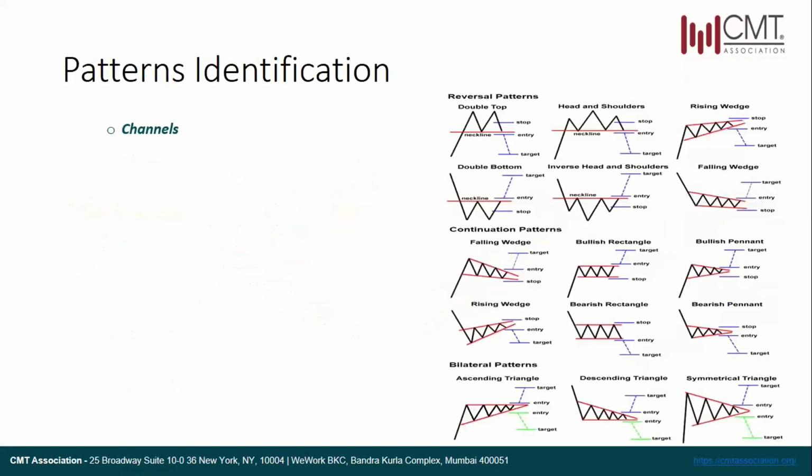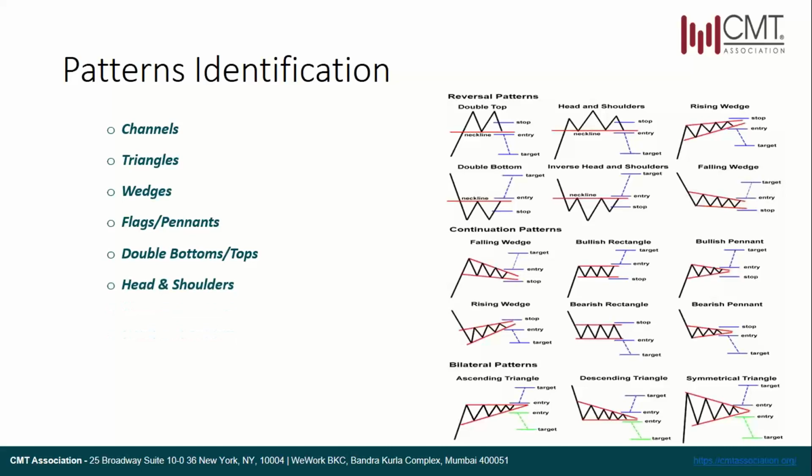Then we discussed the various types of patterns in webinar 2. We talked about channels, triangles, wedges, flags and pennants, double bottoms and tops, and head and shoulders, right? So we are quite familiar with all these patterns, how they are to be traded, the criteria for setting up the target, and what kind of stop loss I generally use.